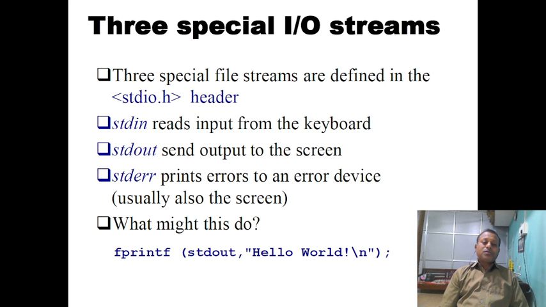The next are the three special I/O streams, which are important for taking input, displaying output, and showing error messages. Here stdin reads input from the keyboard, stdout sends output to the screen, and stderr prints errors to an error device.